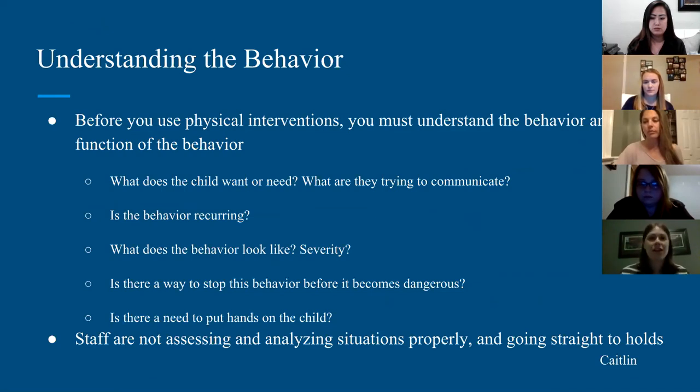So not necessarily knowing that this is going to happen, but being trained to know what to do when it starts to go that way. Also, her statistics had 89,000 schools in the United States and 70,000 incidents of restraints. That's almost one incident at least per school, and to be honest, that's still too high a number.